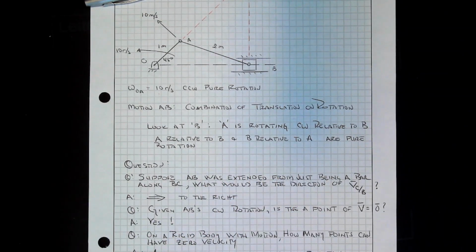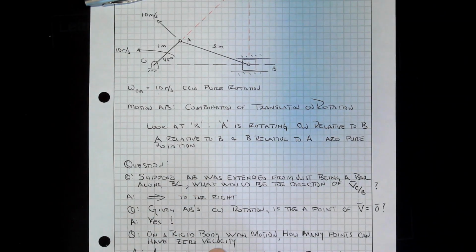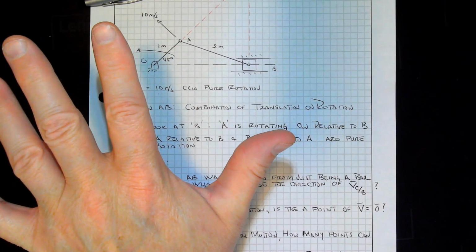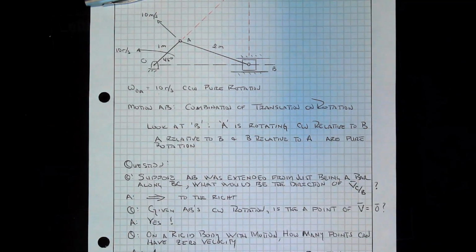If we're on a rigid body that's moving, how many points can have 0 velocity? Now think about this. Can you have 2 points if the overall system is moving? Can you have 2 separate points that aren't moving? The answer is simply no. It's impossible.